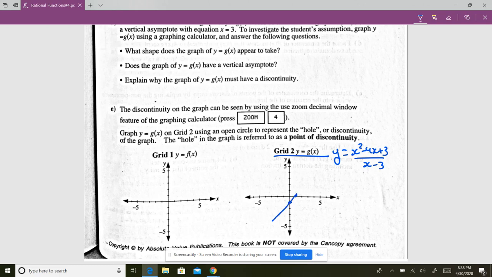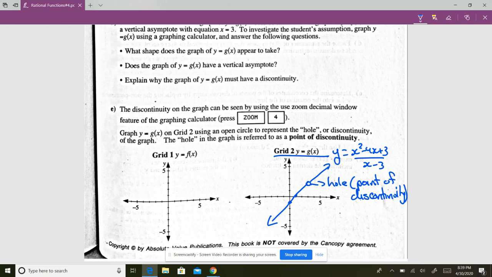It's a line, but at 1, 2, 3, it has a hole. It's an open circle. It's a hole. It's called a point of discontinuity. It does not exist. It's not a vertical asymptote. It's a hole in the graph.